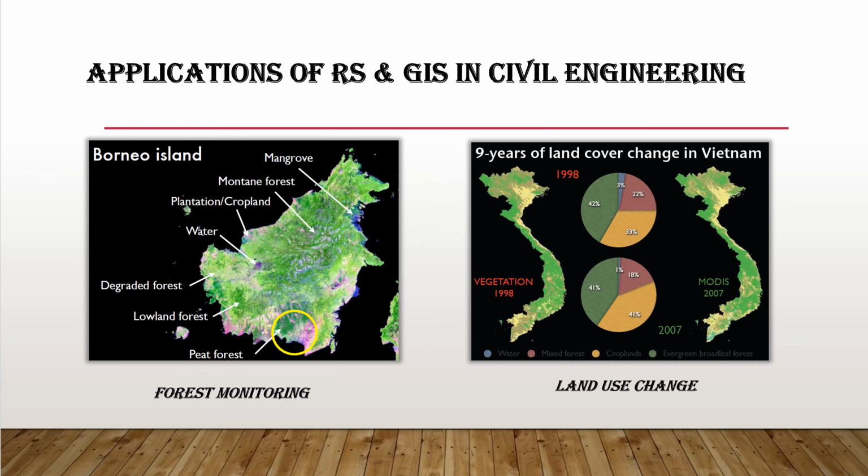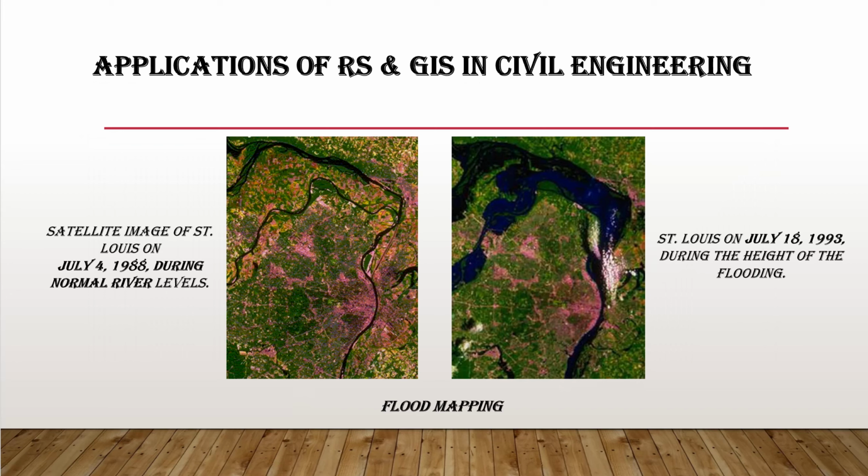Here are some images of remote sensing which we can use for various purposes like forest monitoring, land use change, and identifying flood mapping, etc. So in this video we have covered the information about remote sensing, the various elements of remote sensing which form the process of remote sensing, a few advantages and disadvantages of remote sensing, and the application of remote sensing in civil engineering.